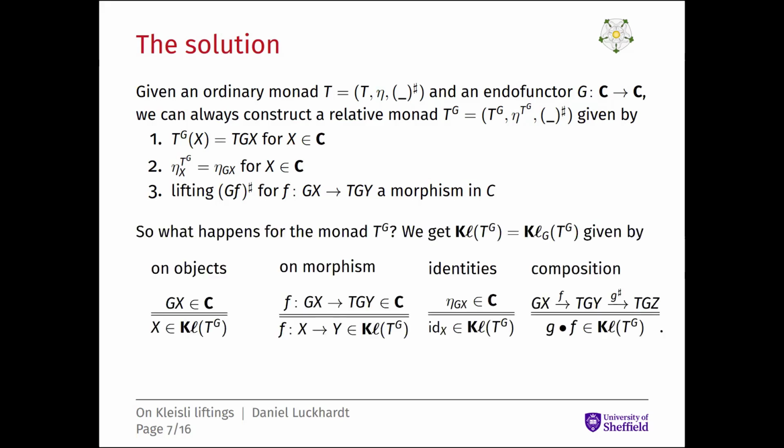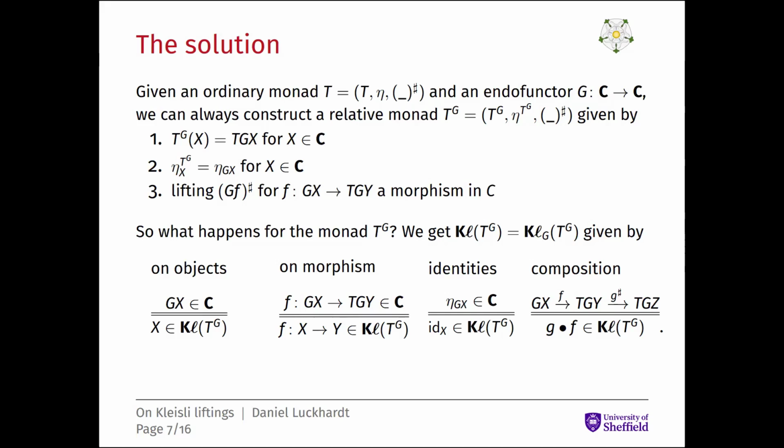And now when you do this relative Kleisli category construction of such a relative monad coming from a monad T and an endofunctor G, you see that you end up with the right type, the type that I had on the previous slide: G of X to T of G of Y.